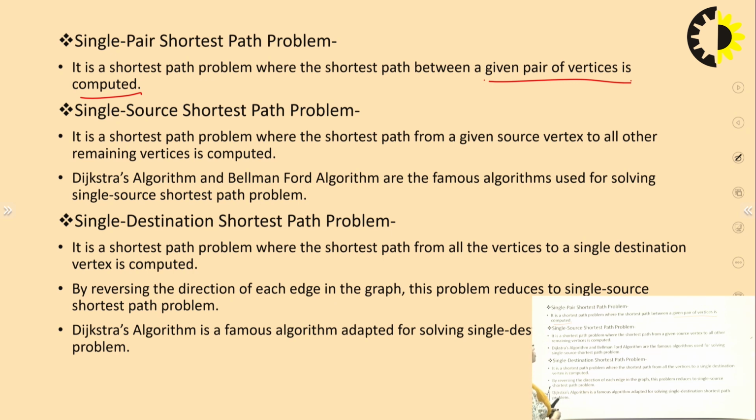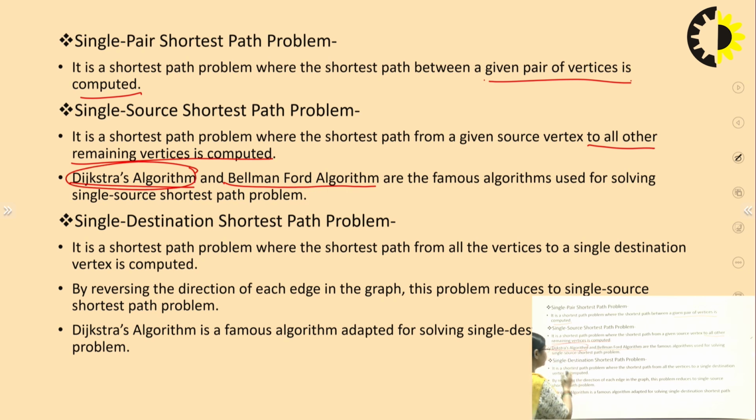Now, single source shortest path problem is this, that we have one source and we have to find the shortest way to all the remaining vertices, that is, to all other remaining vertices is computed. Dijkstra algorithm and the Bellman-Ford algorithm are the famous ones for the single source shortest path, and we are going to study in this lecture Dijkstra algorithm.